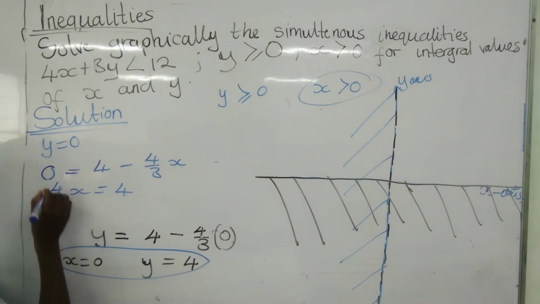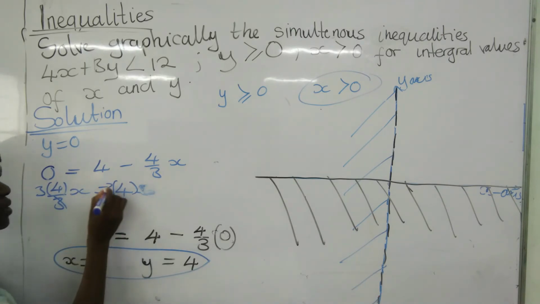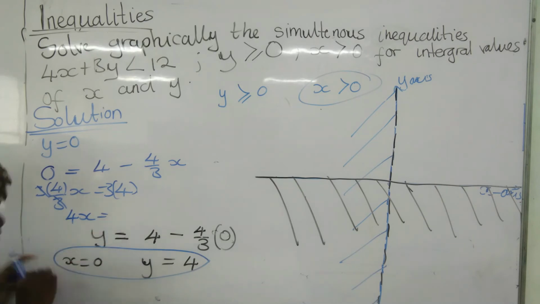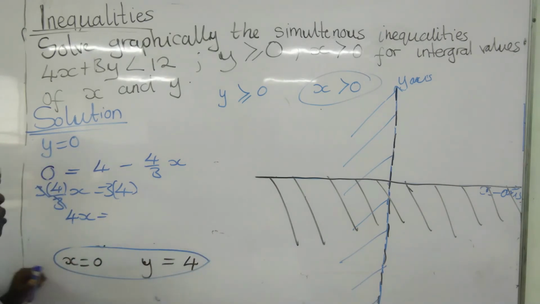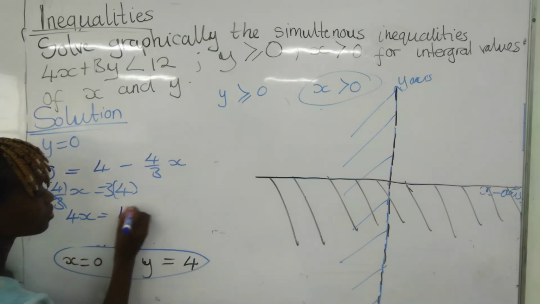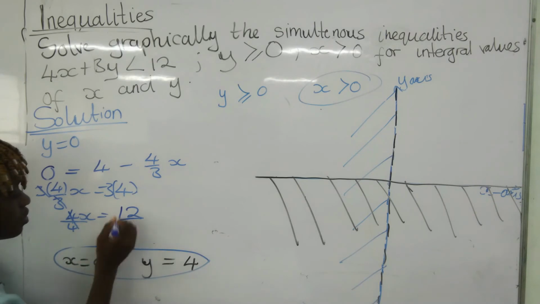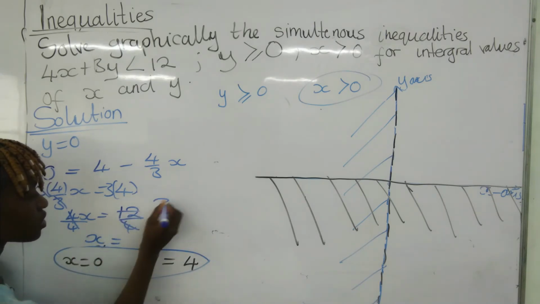We multiply both sides by 3. So we obtain 4x is equal to 12. We simplify by 4 and we get x is equal to 3.